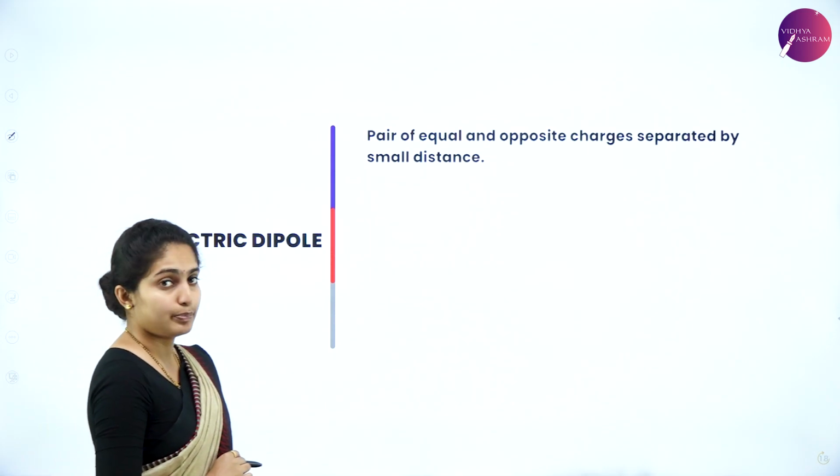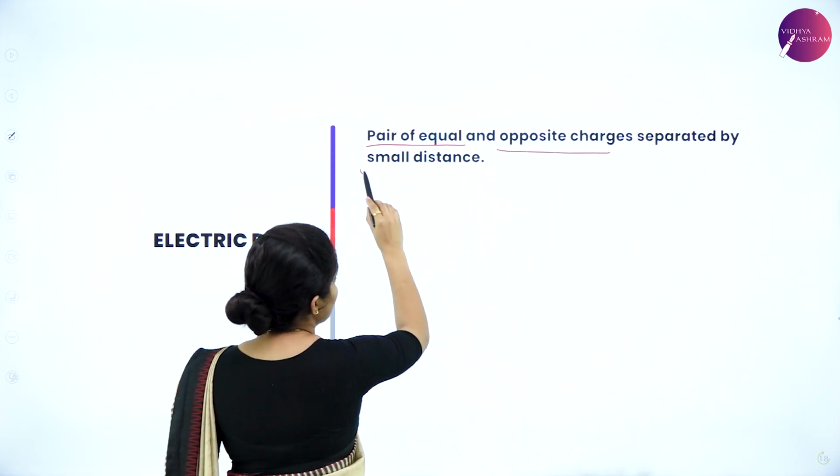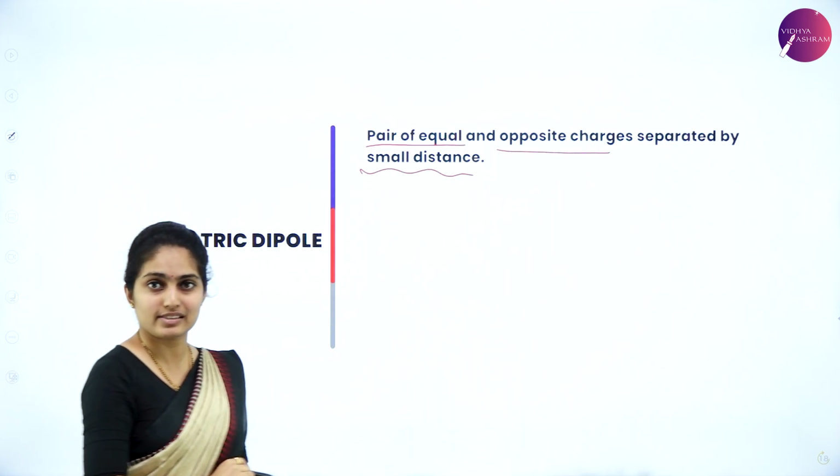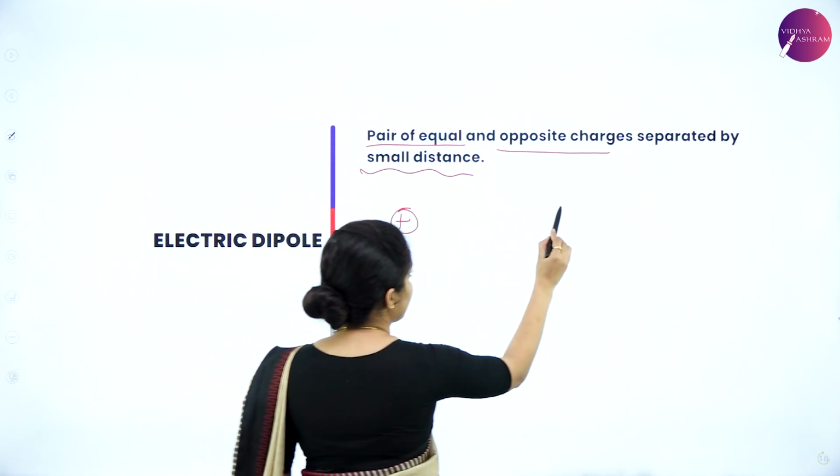Next is the dipole. A pair of equal and opposite charges, plus q and minus q, separated by a small distance. A positive pole and a negative pole.